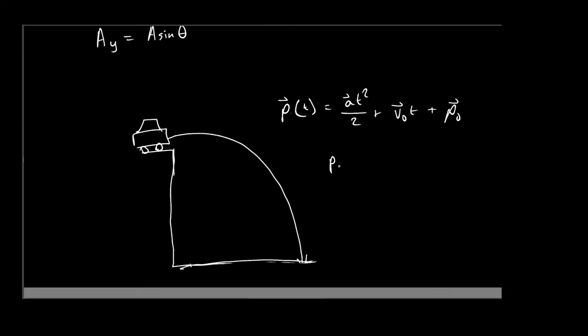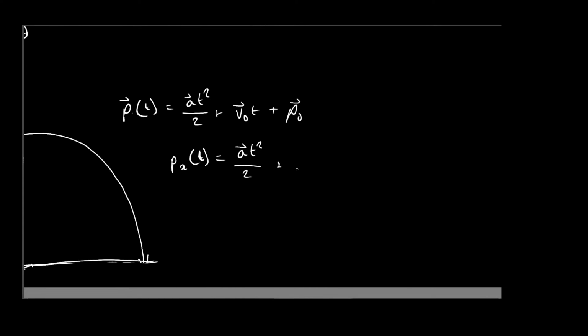You can rewrite this as p x of t is equal to a t squared over 2 plus v naught t plus p naught. Or rather, p x naught.